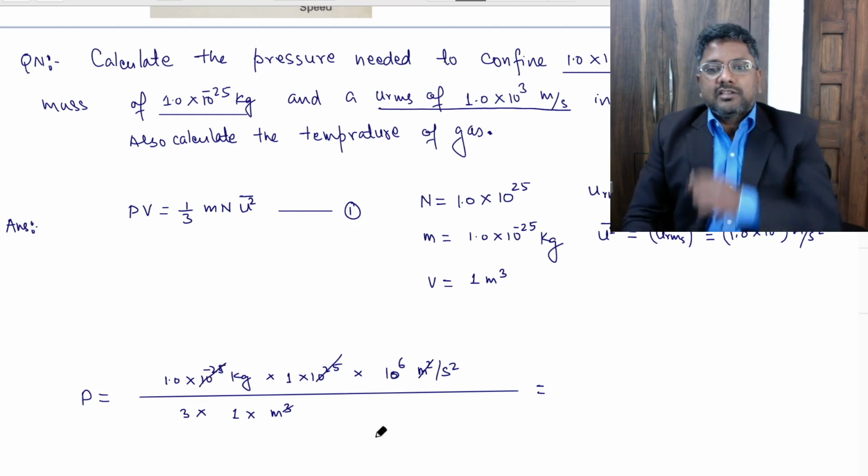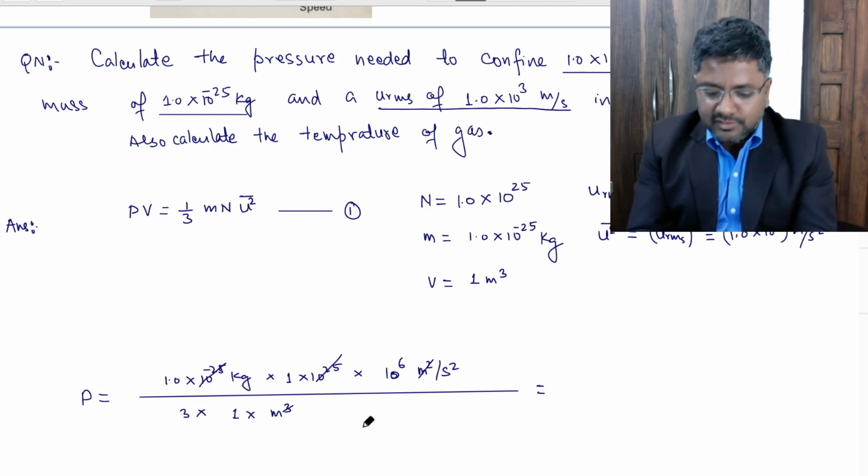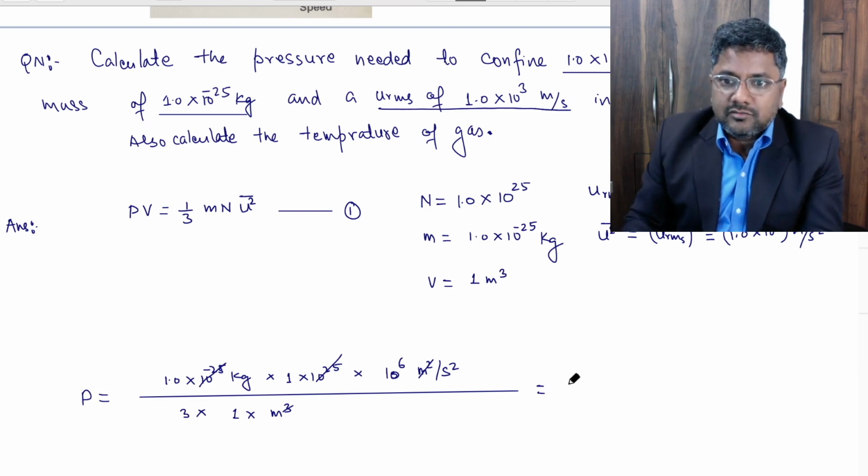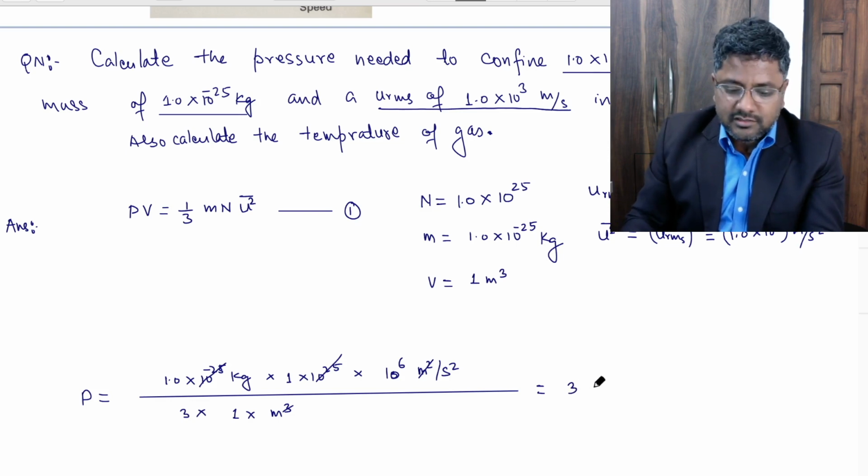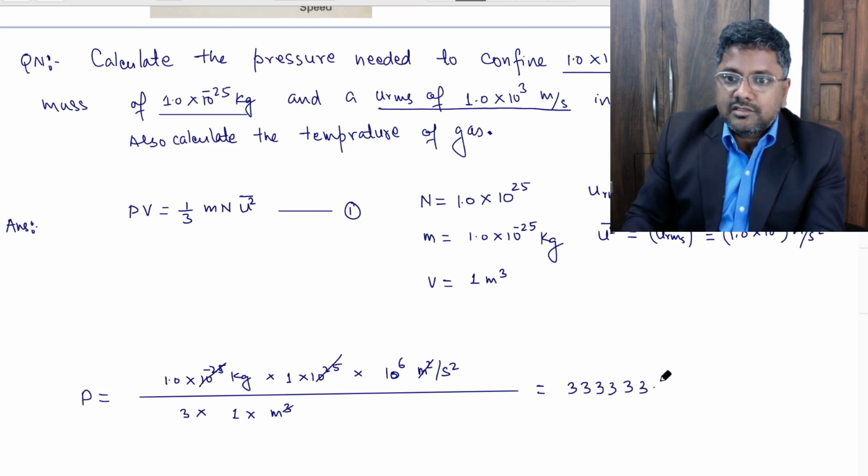So this is 10 to the power 6 by 3, right? 10 to the power 6 by 3, so this is equal to 3.33 kilogram per meter per second square.